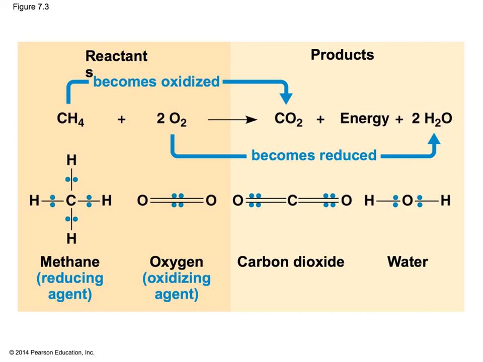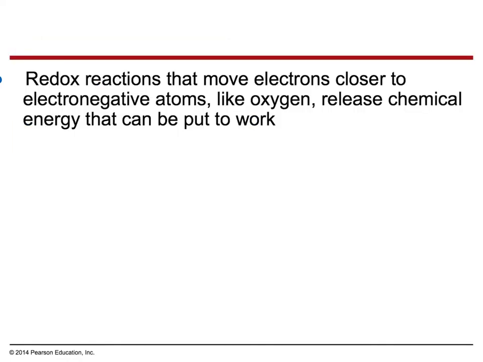You see the methane and oxygen, they're not necessarily transferring electrons, but it's changing where they are. What's happened is you've actually shifted where the sharing of electrons is. Questions on oxidation?